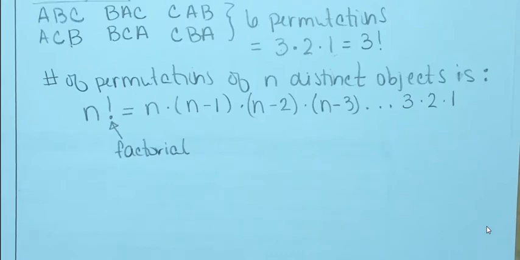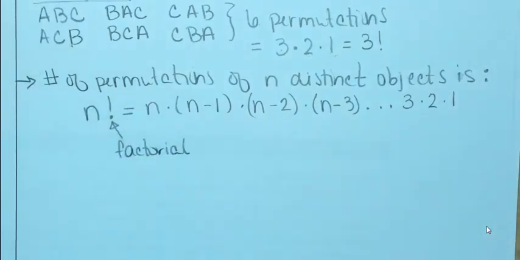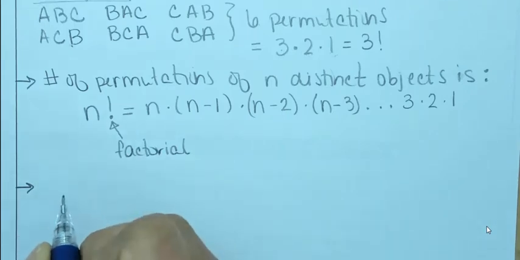Okay, now what if I take a certain amount of objects from a group of n distinct objects? So this was one of our important things. But another really important thing is, what if I choose to take only a certain amount of those distinct objects at a time?